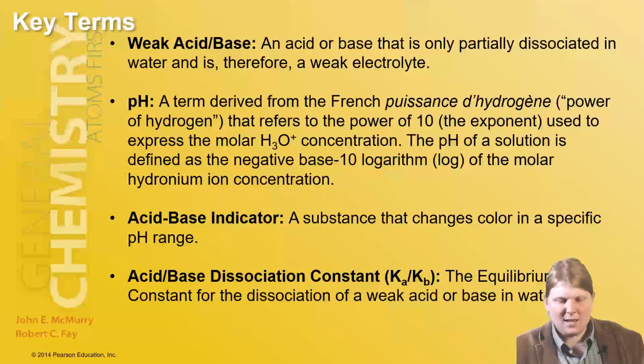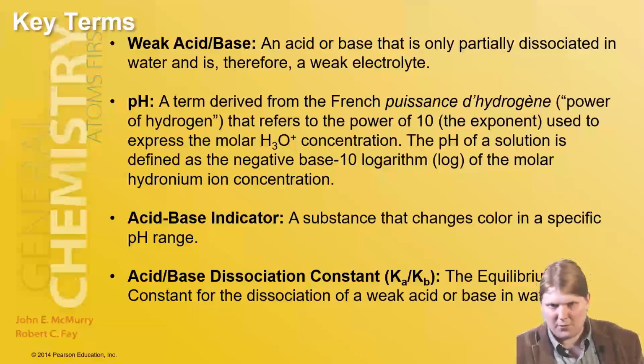And the Ka and Kb, much like what we saw before with the Kc and the Kp, are equilibrium constants for the dissociation of weak acids and weak bases in water, or it would be specified if it was in a different solvent. Typically we're just going to have everything in water.